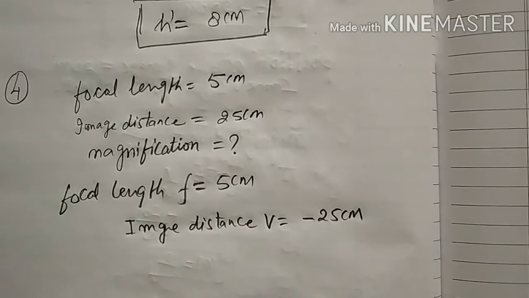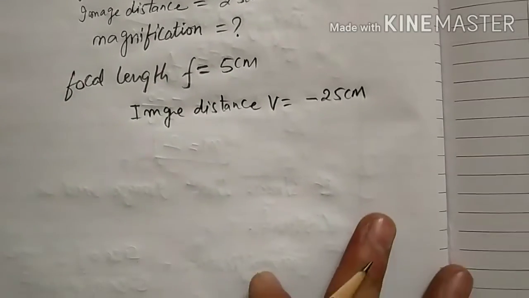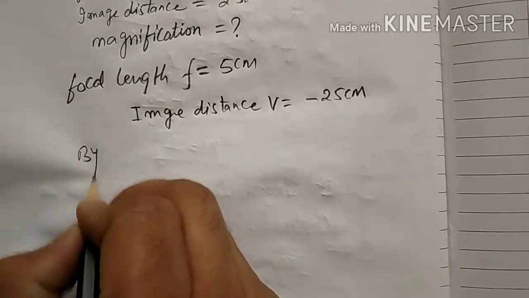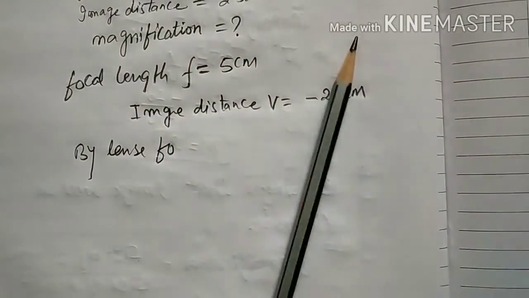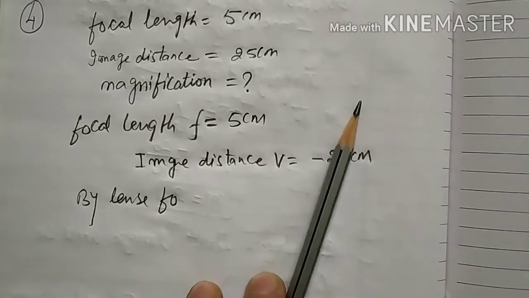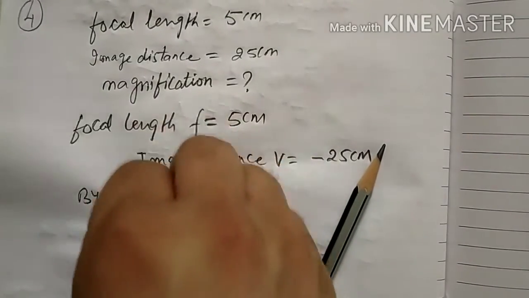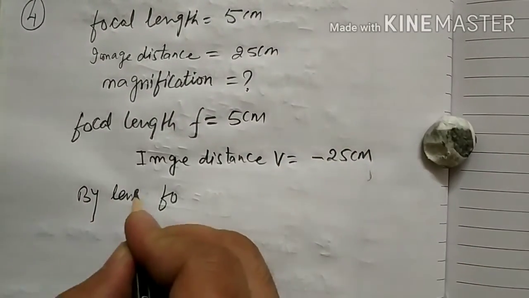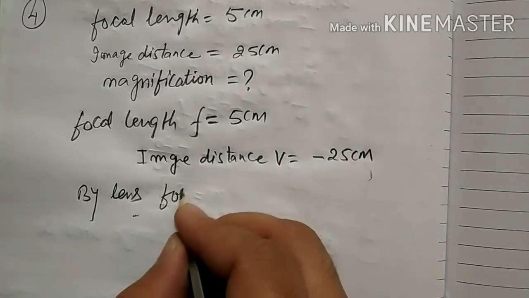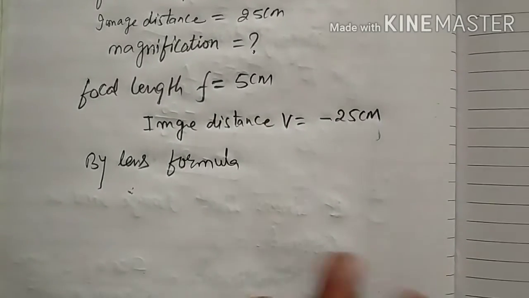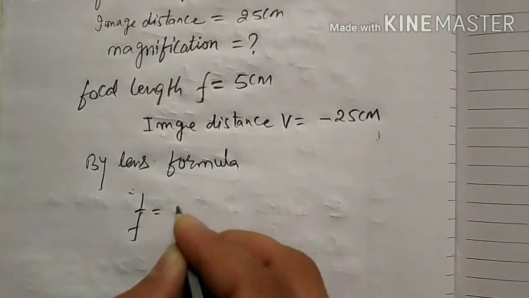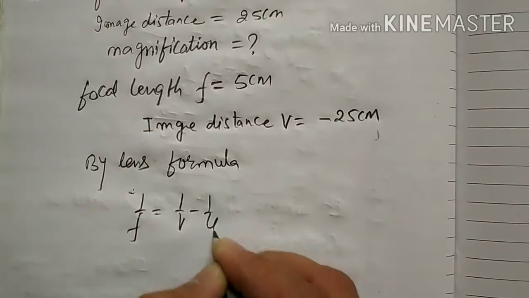So I'll apply the lens formula. The lens formula says 1 by f equals 1 by v minus 1 by u.